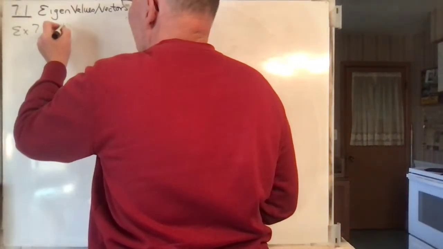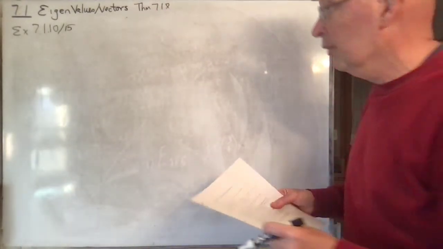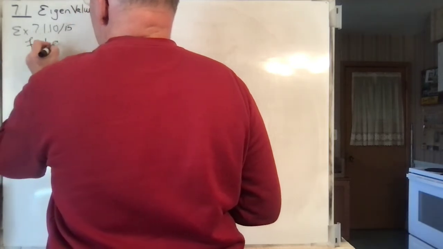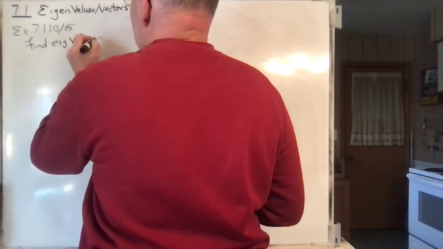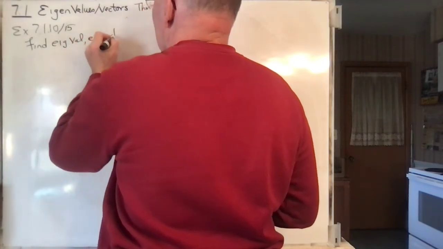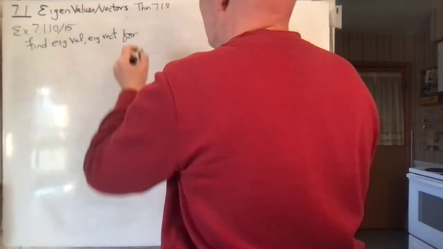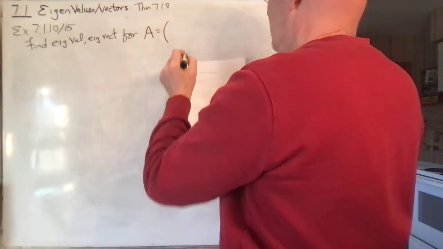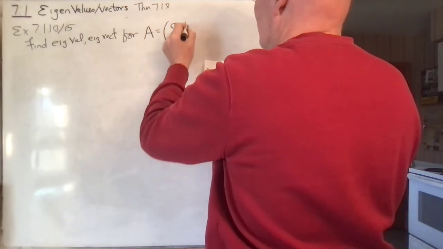I have a bunch of things in between, and I pick it up again at 15. So find eigenvalues and eigenvectors for this one. A equals 0, 1, -1, 0.